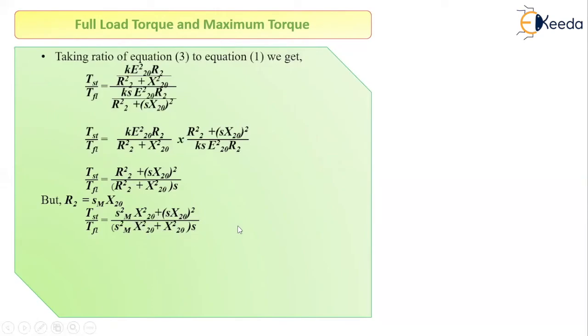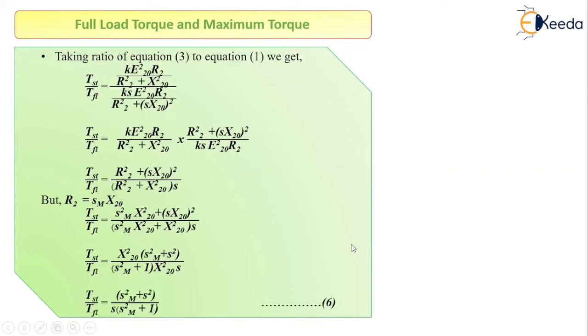square multiplied by S. So after further simplification, we get, now in numerator in these two terms, X20 is common. So X20 square multiplied by bracket Sm square plus S square. Again in the denominator, if we see, again X20 is common. So Sm square plus 1 multiplied by X20 square into S. So the X20 square in numerator and denominator will get cancelled.